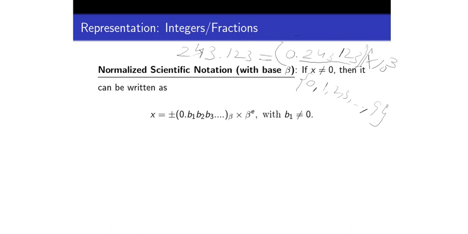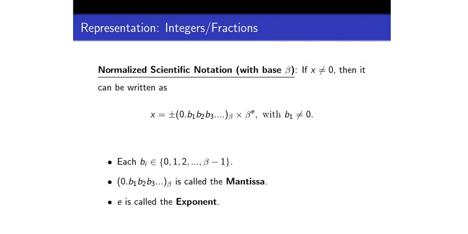So if you wish to represent with any base beta, then bi should be in the set 0, 1, 2, and so on up to beta minus 1.